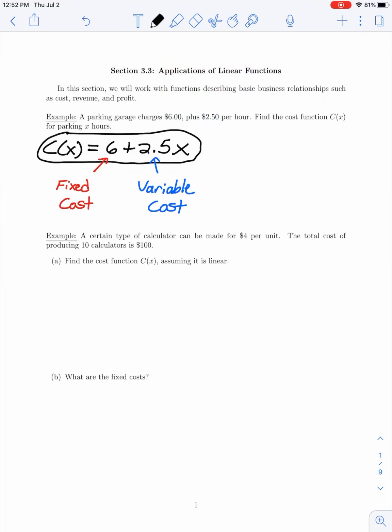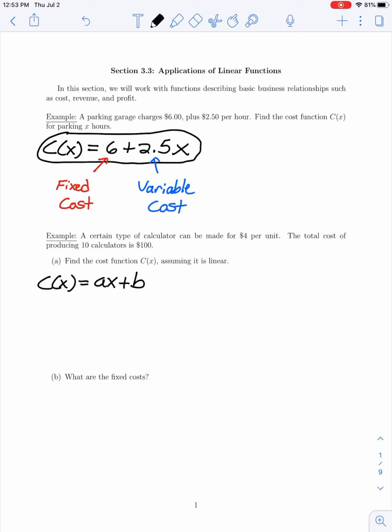All right. Now in this next example, we're told that a certain type of calculator can be produced for $4 per unit, and the total cost of producing 10 calculators is $100. So in part A, we're asked to find the cost function, c of x, assuming that it's linear. So our cost function, c of x, is linear, therefore it has the form ax plus b of a general linear function.